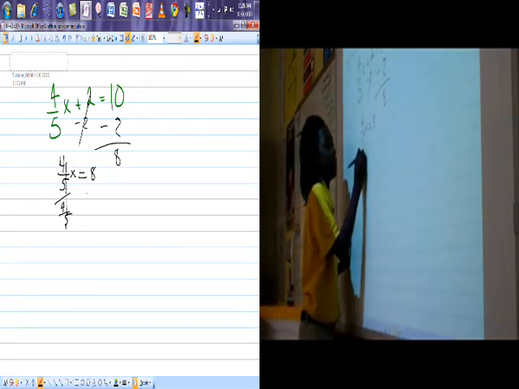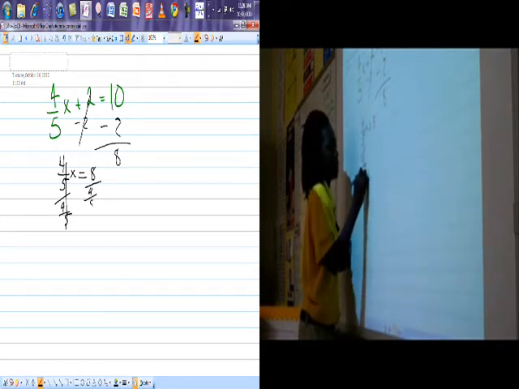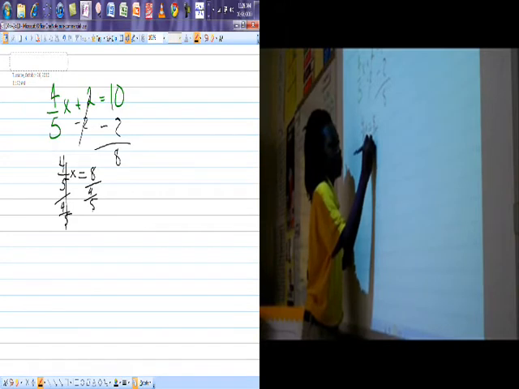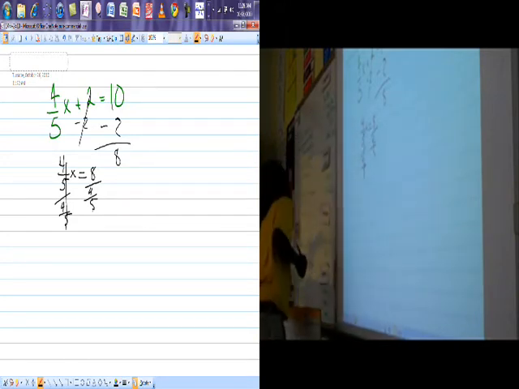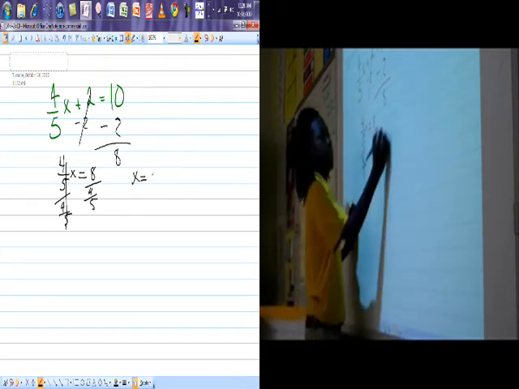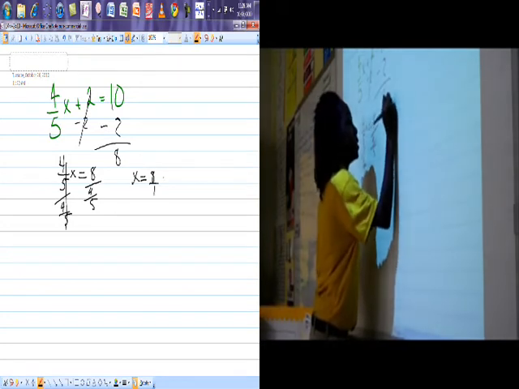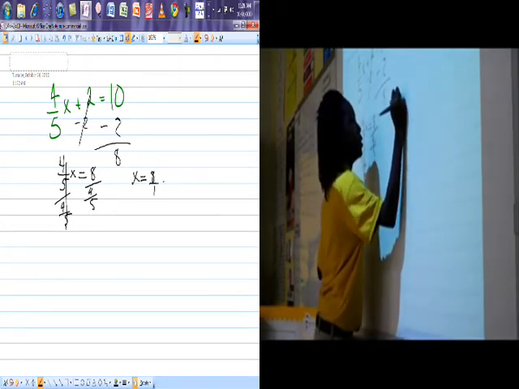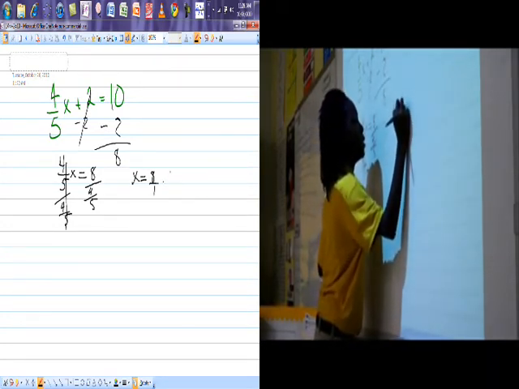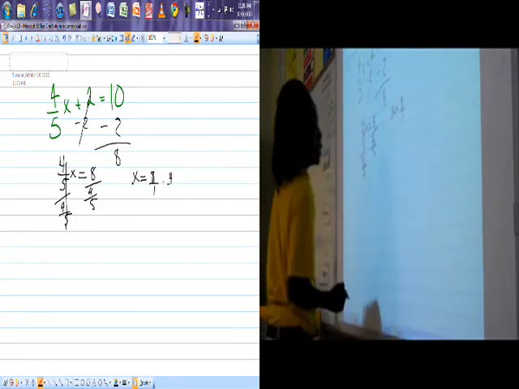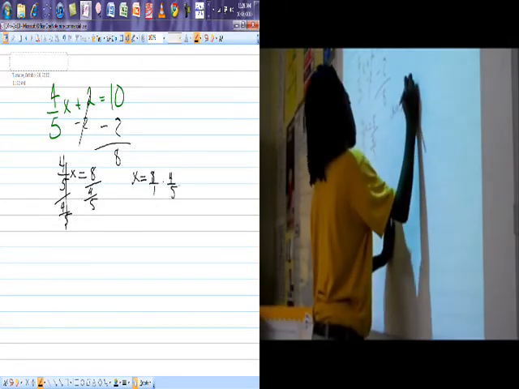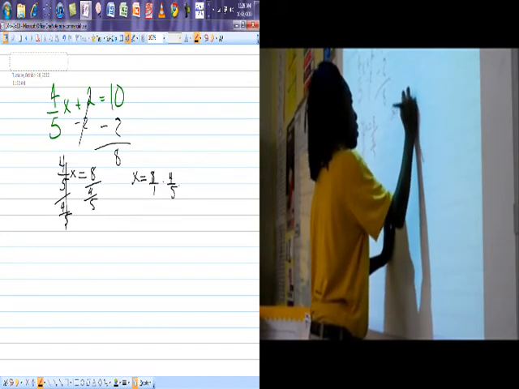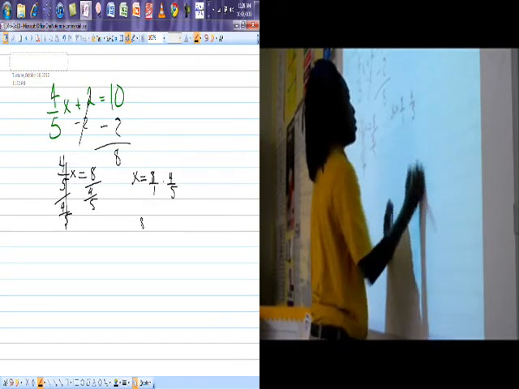I divided 4 over 5 by both sides of the equation. And then I wrote the equation again, which is x equals 8 over 1 times 5 over 5.